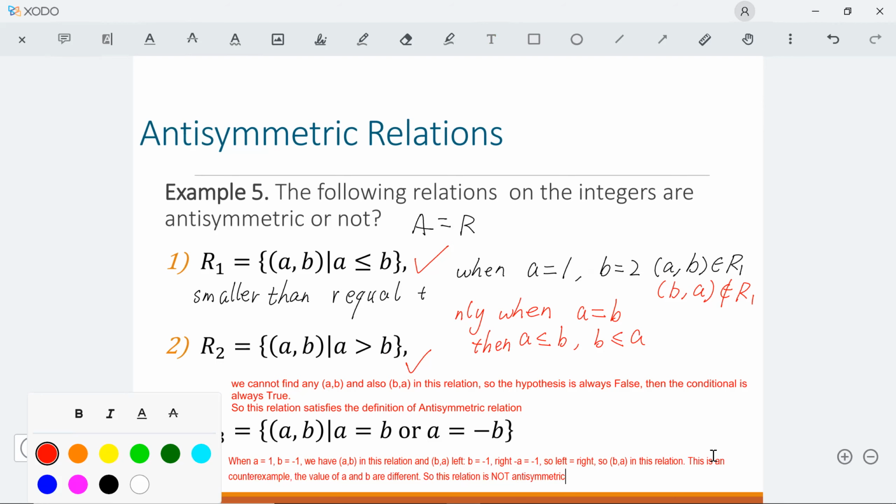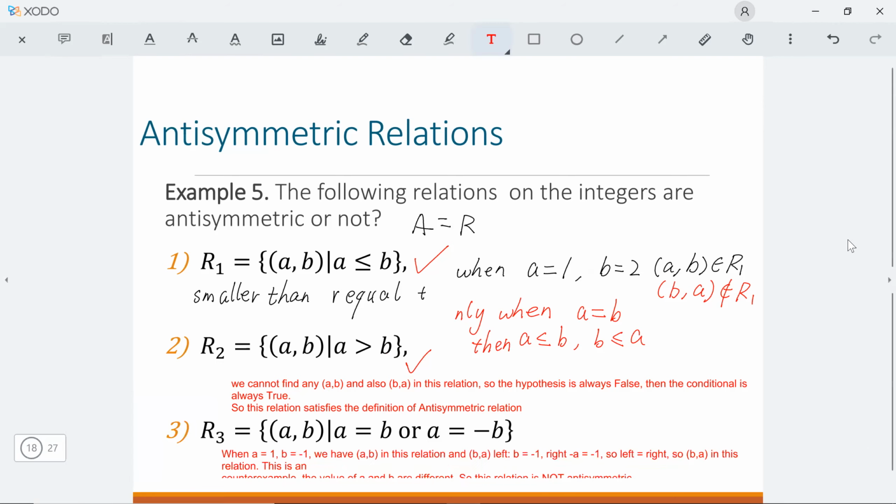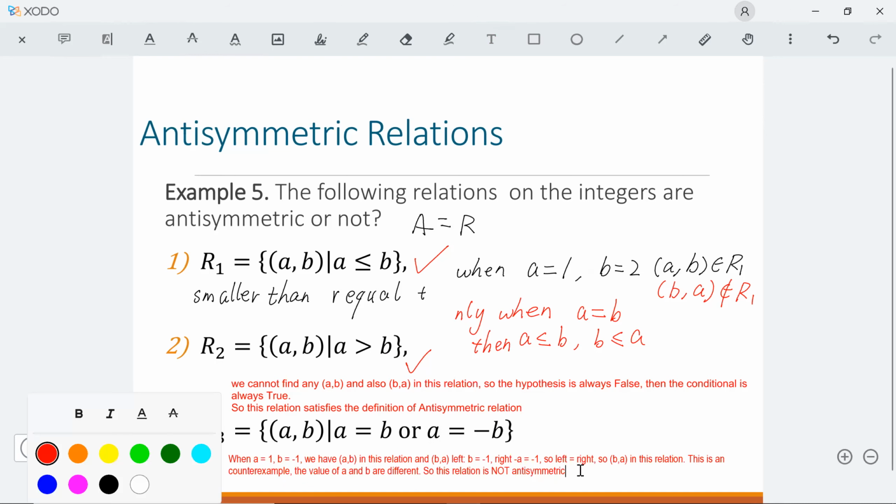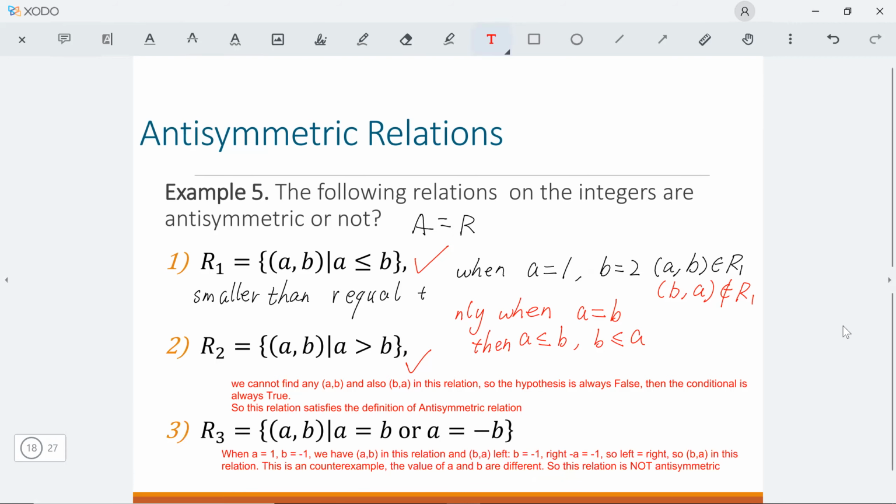Okay, so far so good. So these are the three examples we have here: two of them are anti-symmetric, but the third one is not anti-symmetric.